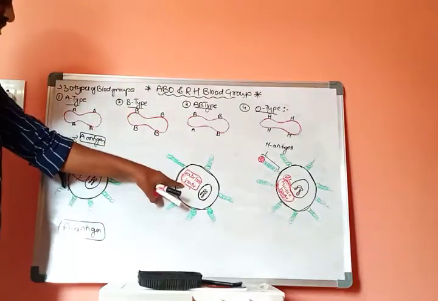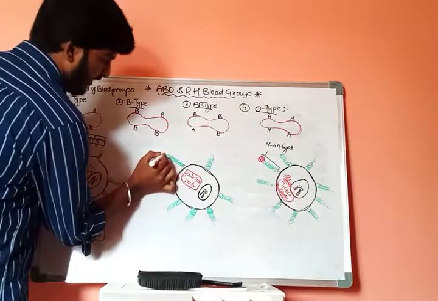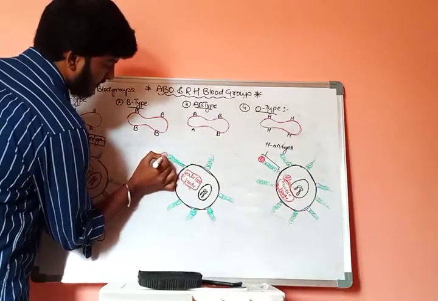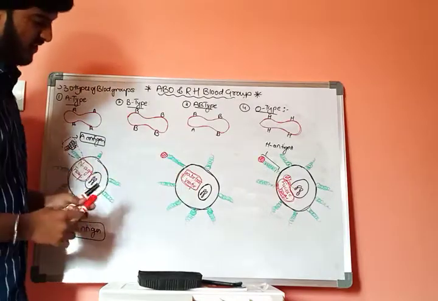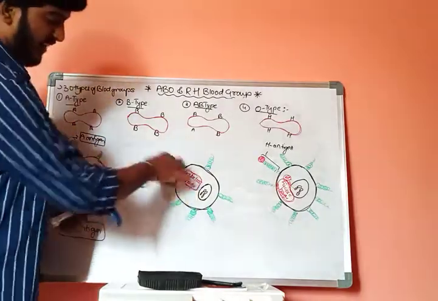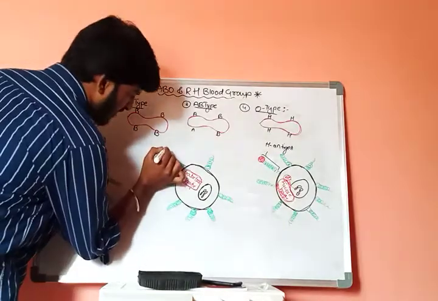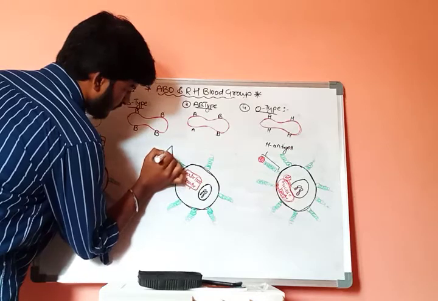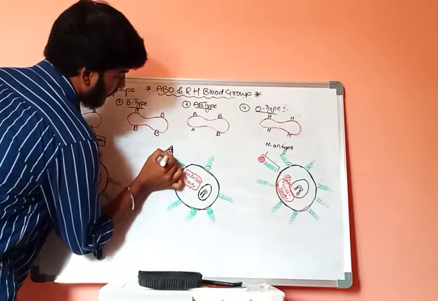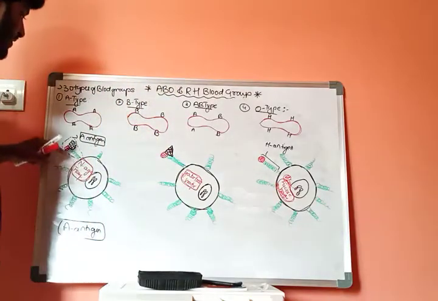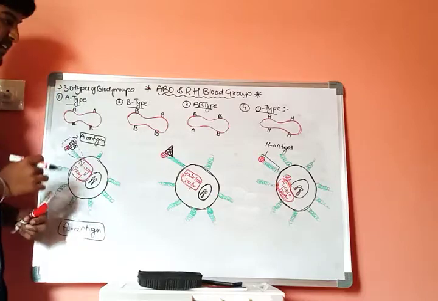Now, what is the function of this galactose transferase? Here we know that the H molecule is already present. The function of galactose transferase is that the galactose molecule will get detached and attached to the surface. Whenever N-acetyl galactosamine gets attached, it is called A type of antigen.